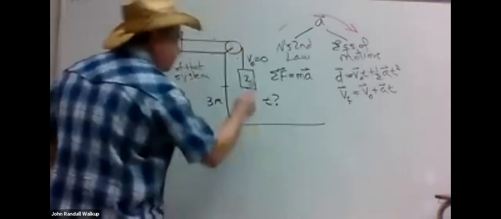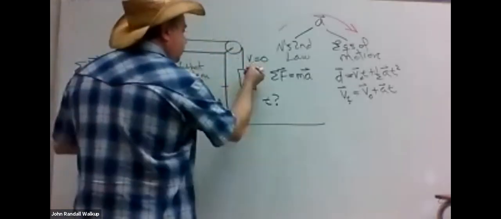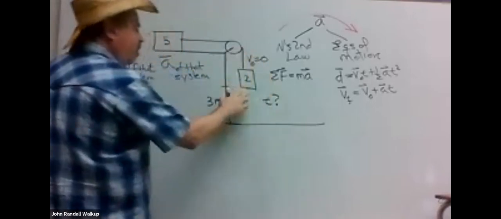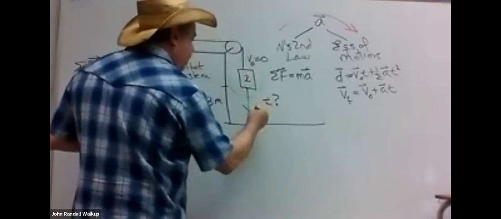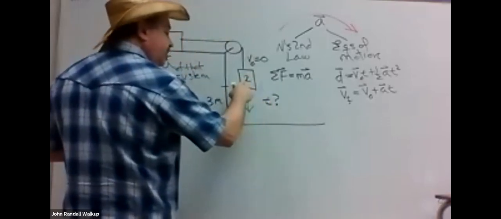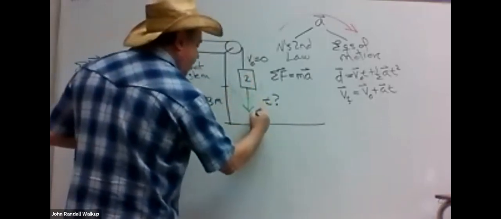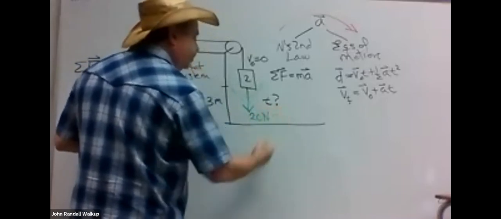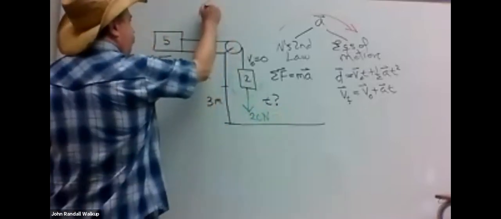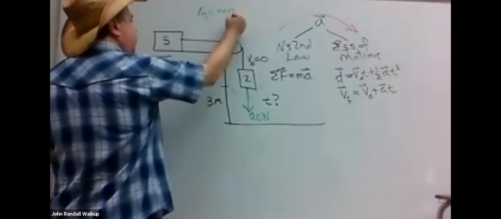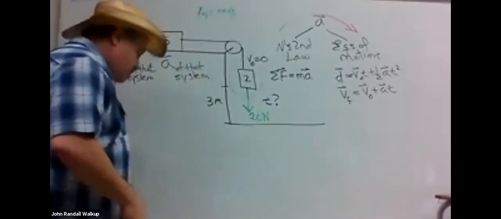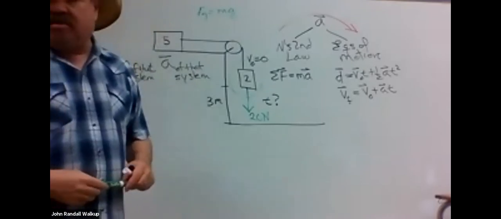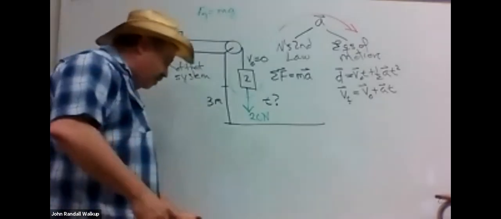Okay, so let's do it. What are the forces that act on this, the system here? Well, we have gravity pulling down. This is 2 mass times g, which is 10, means this is 20 newtons. Remember, the force of gravity is mg. And this green is kind of going by the wayside here. I'm going to have to use it, I think.